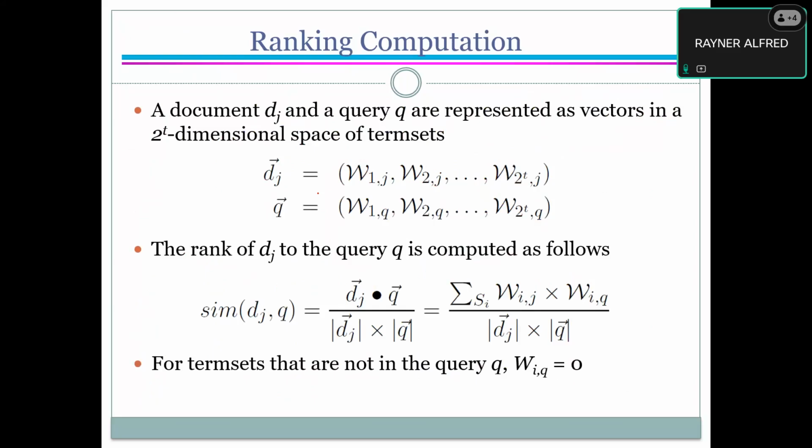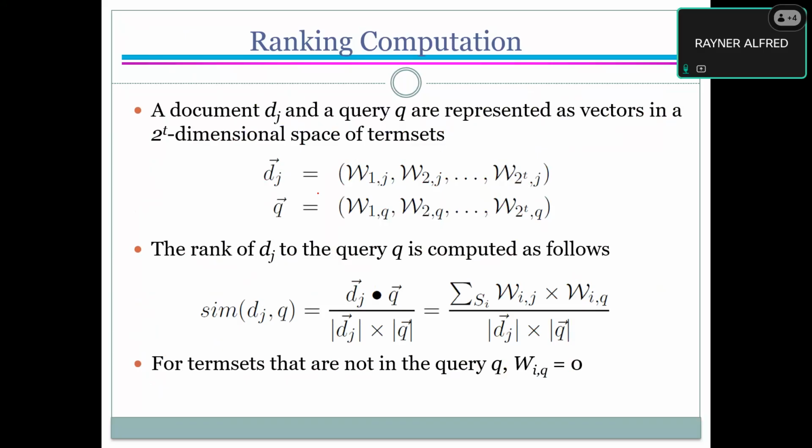Since we know that both document and query are represented by a vector, to rank the document with respect to the query, we will use the same formula here. One is looking at the vector of the document, and the other is the vector of the query, divided by the length of the document and the length of the query.